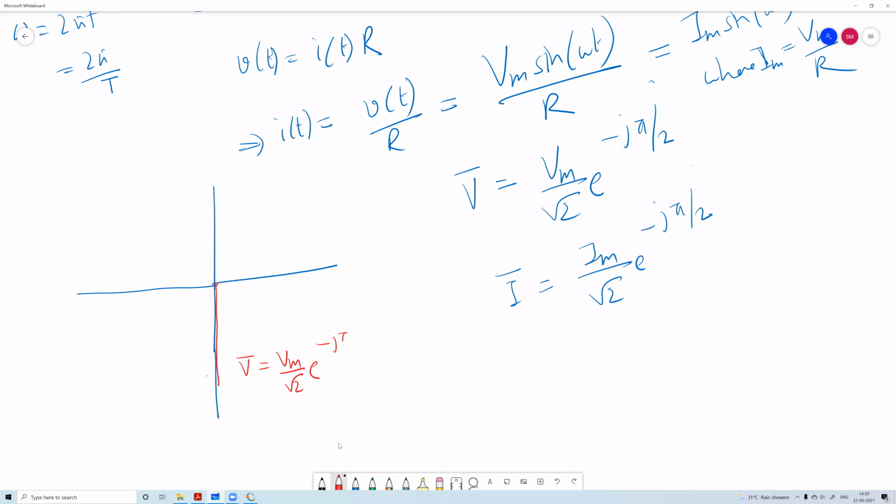The magnitude is Vm by root 2. The angle is pi by 2. I can plot it in this way. Okay. Is it okay?